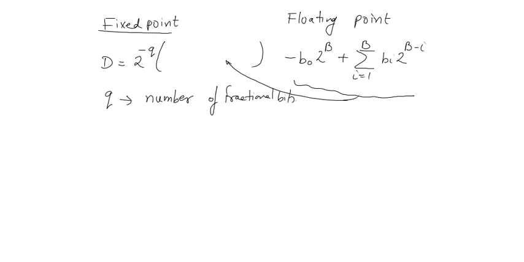These fractional bits are taken out of the b plus 1 bits. We have a total of b plus 1 bits including one sign bit, and out of that I have to choose how many bits I want to give to the fraction part. That is the difference in fixed point.